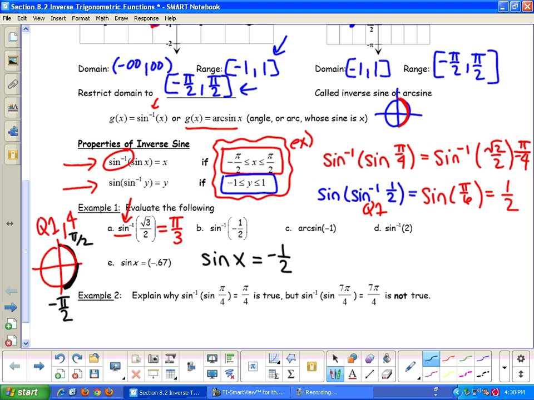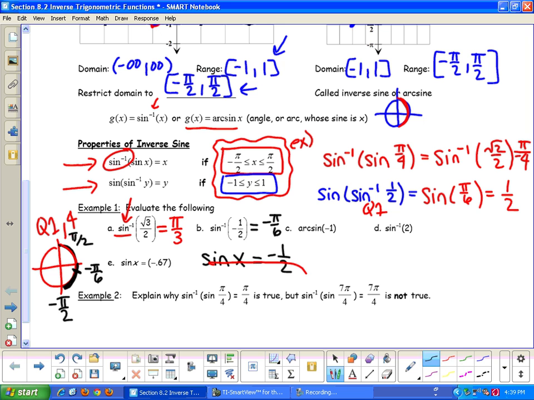So I can't use the positive angles that are normally on my unit circle. I have to use negative angles in this case because we're in quadrant 4. So the sine of x is equal to negative 1/2 when we have this value right here, which would end up being negative pi over 6. And again, I can't use 11 pi over 6 because 11 pi over 6 is not in my restricted domain. So this is equal to negative pi over 6.